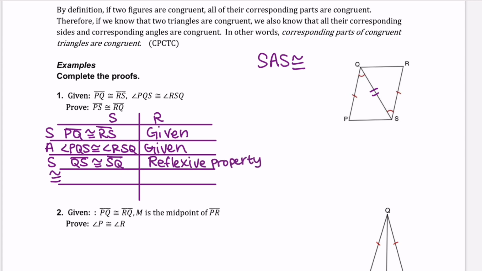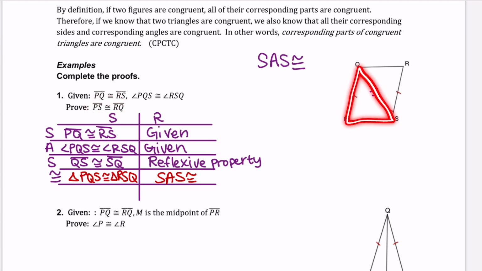Now we're going to write our congruency statement. Triangle PQS is congruent to triangle RSQ. That would be because of this property right here, side angle side congruence. Now our last step is we need to show what we're trying to prove.